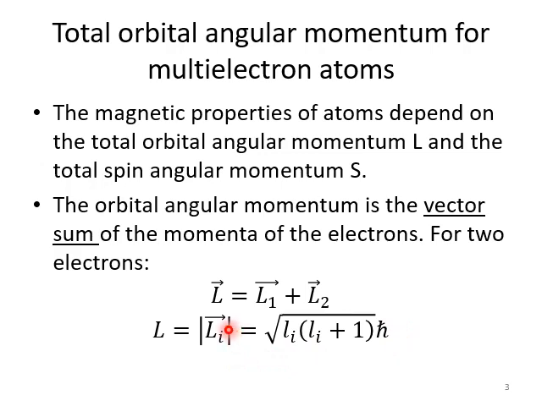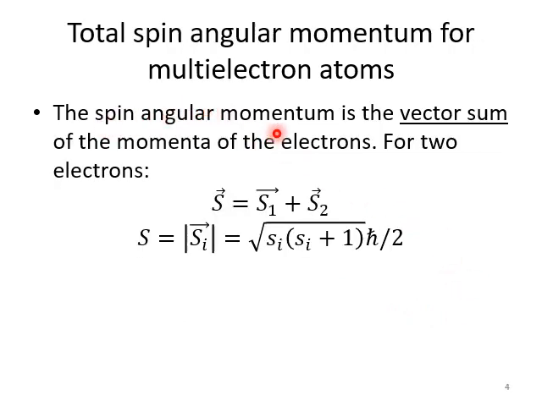So this would be for each of the electrons in the system, and then we pay attention to the direction of the angular momentum vectors in order to add them together.